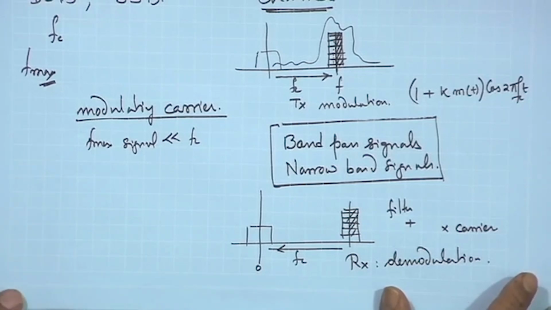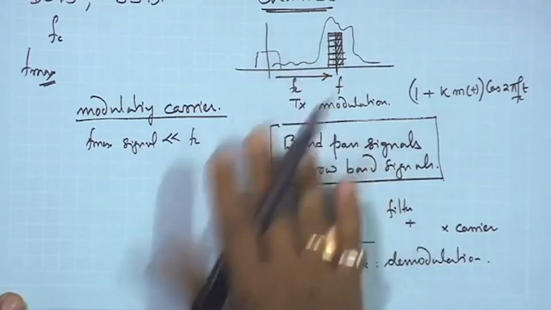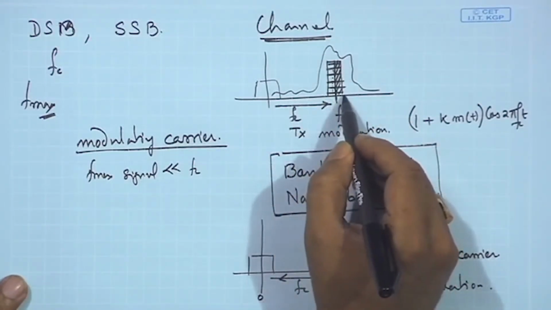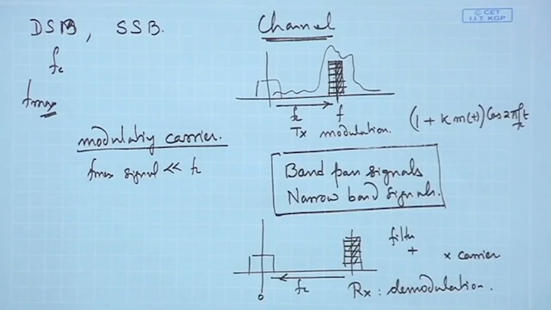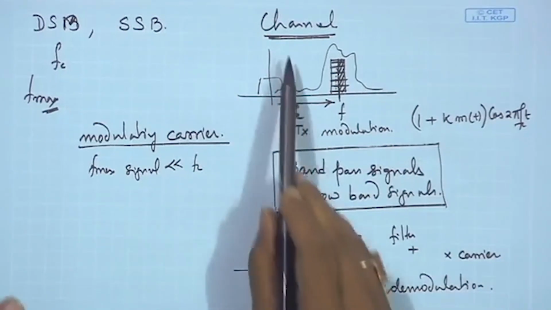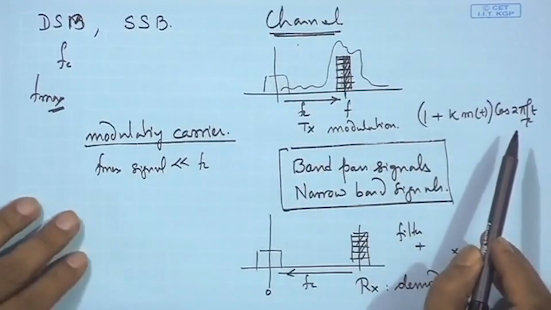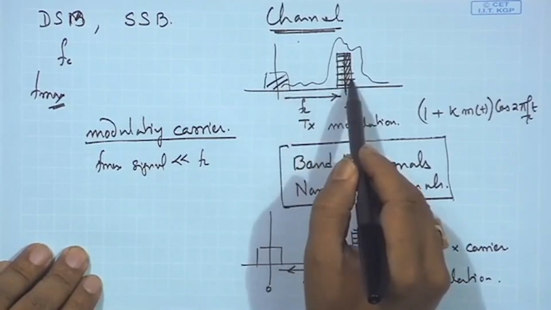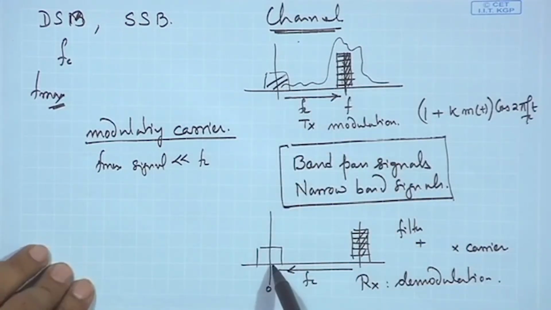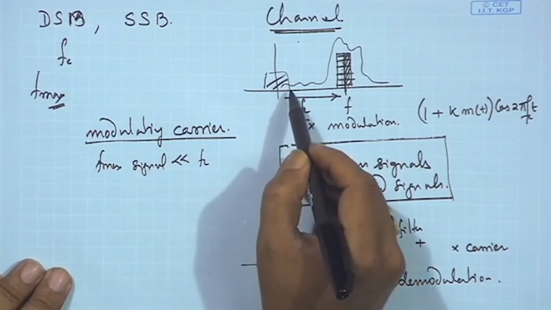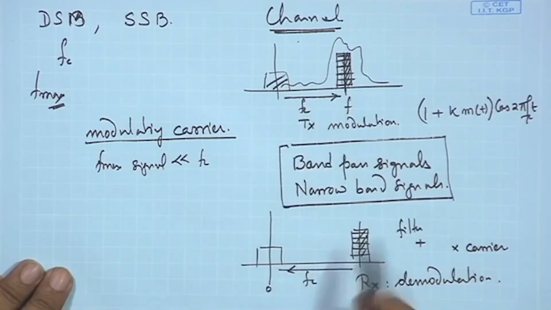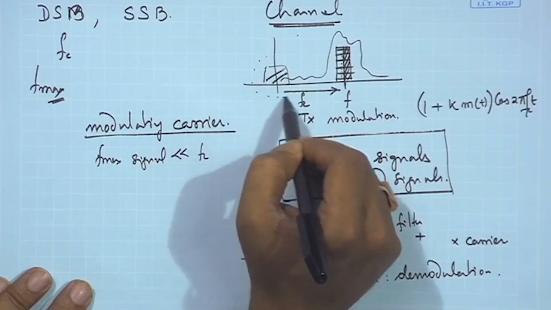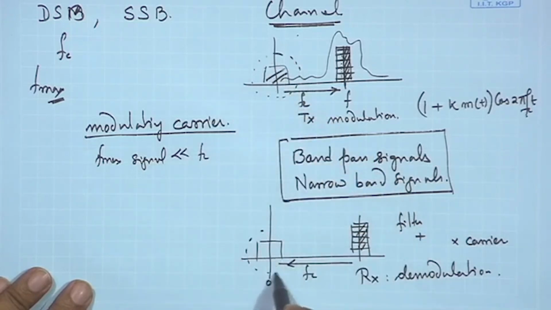So, what we are seeing is that we have told earlier also that these channels could have different bands which could be passing the signal. If that is so, then according to the channel, you would choose the different carrier frequencies. That means you will be up converting the baseband signal to that particular frequency, and at the receiver you will be down converting. However, this up conversion and down conversion does not really impact the original signal, which is of our interest, or which is the information bearing signal.